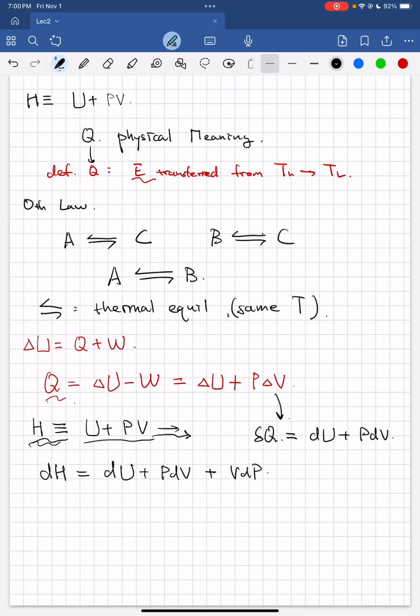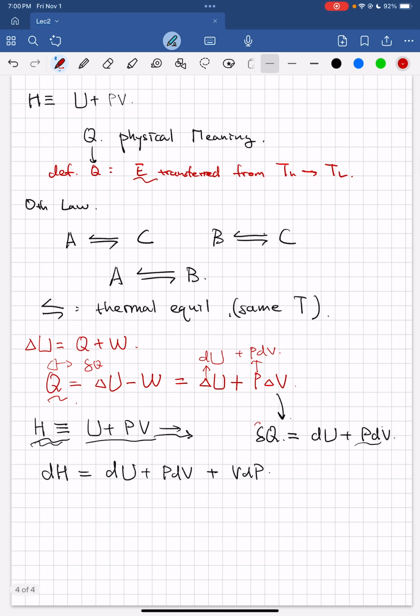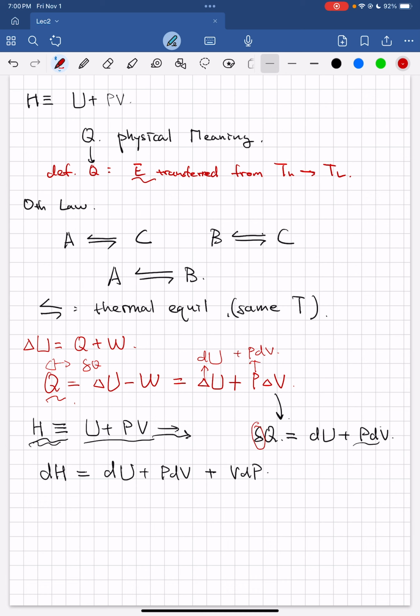Here, how we got this is we just changed it. This is already a delta term here, right? We changed this to an infinitesimal change, that is delta q. Here also we change it to dU, here change it to PdV, right? I can't stress enough that this means a path function.